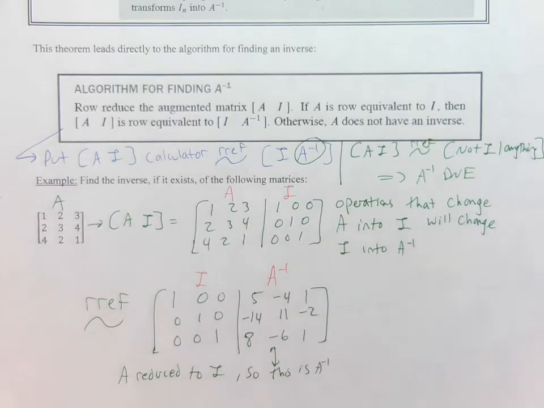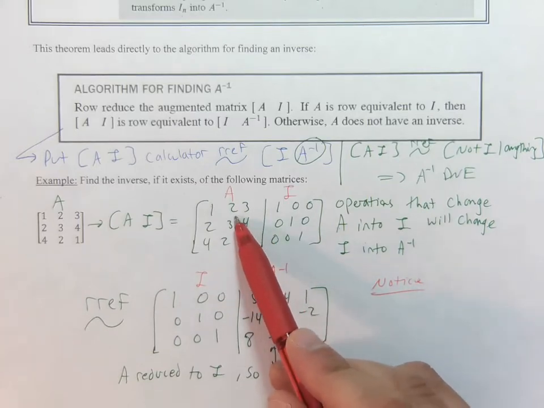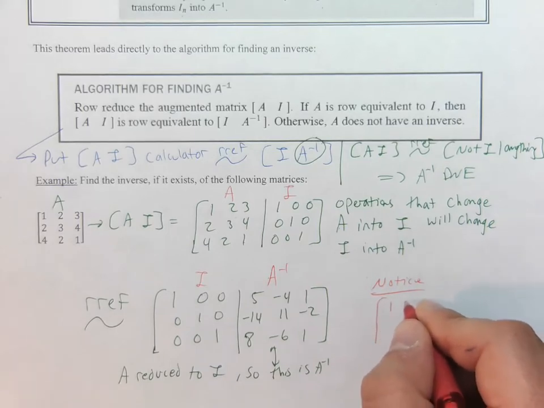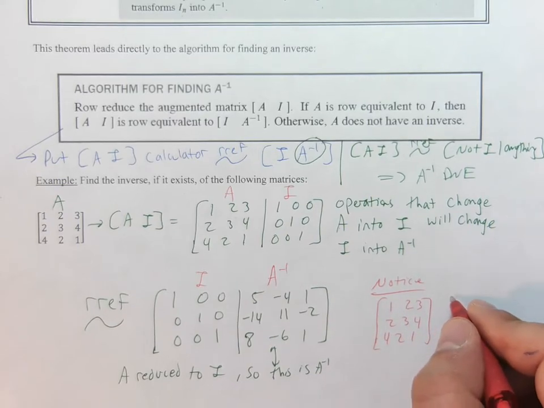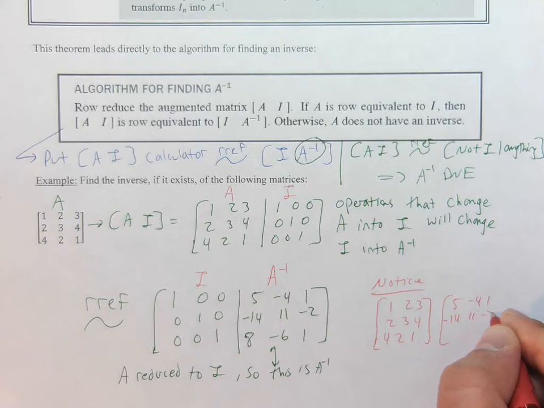I won't show the details, but you should be able to check, because if you multiply A and the inverse, you should get the identity matrix. And so if you did 1, 2, 3, 2, 3, 4, 4, 2, 1, and multiplied that by the inverse, 5, minus 4, 1, minus 14, 11, minus 2, 8, minus 6, 1, you can double check that you do get 1, 0, 0, 0, 1, 0, 0, 0, 1.